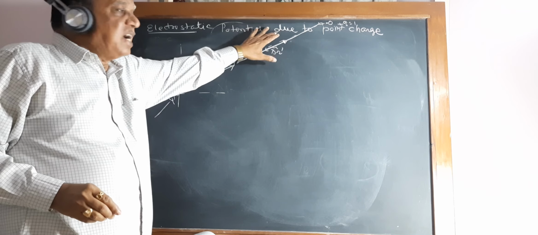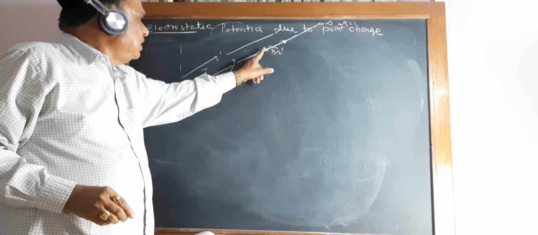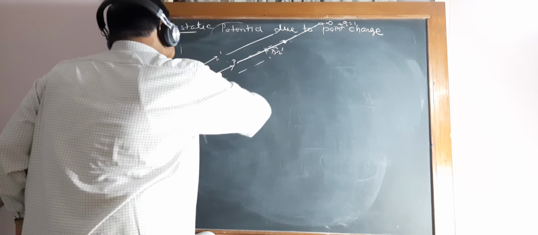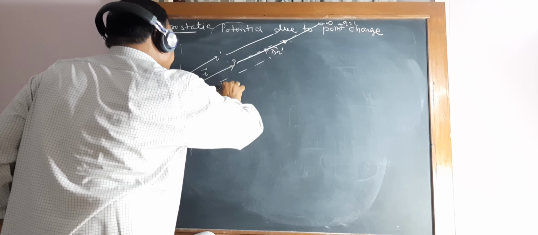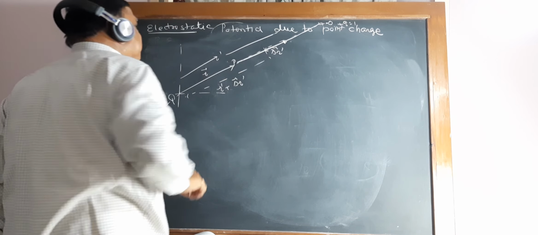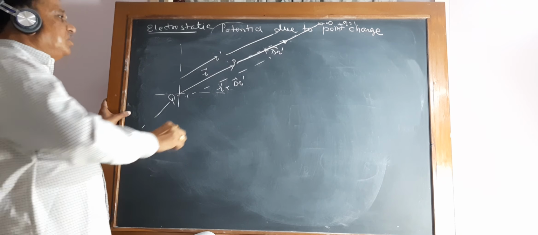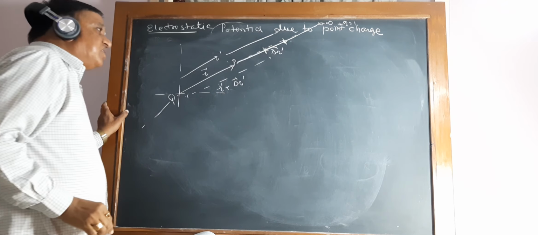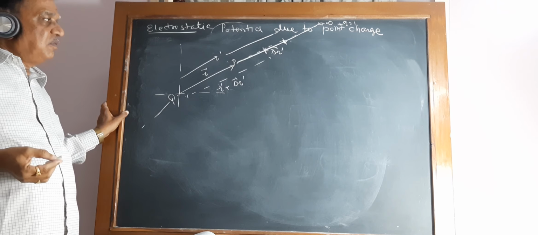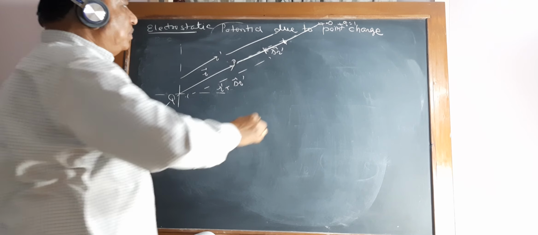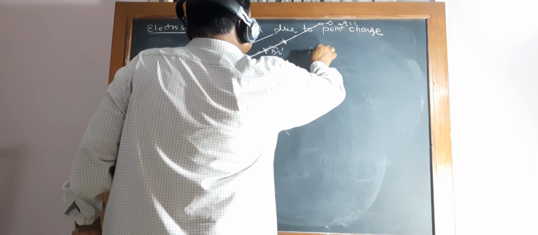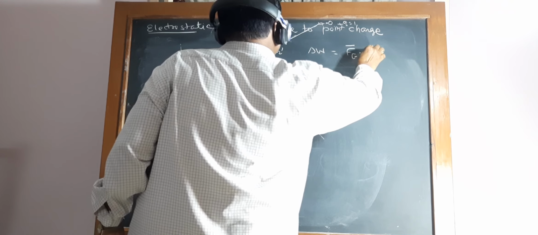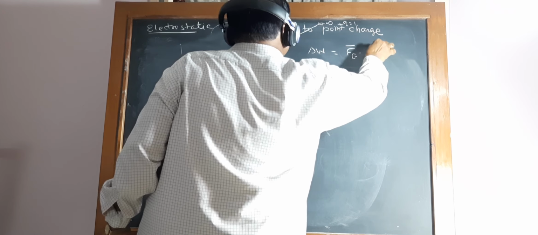This is r dash. This will be R dash plus delta r dash. So for a small segment, delta r dash, work can be calculated as delta W is Fe into delta r dash.